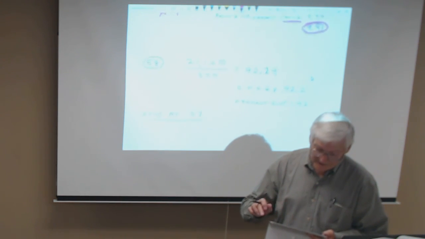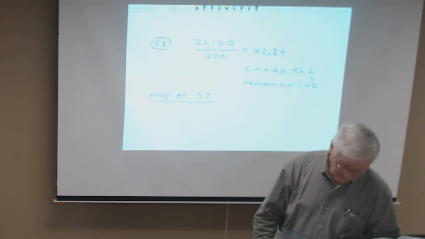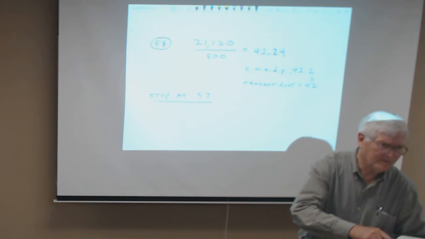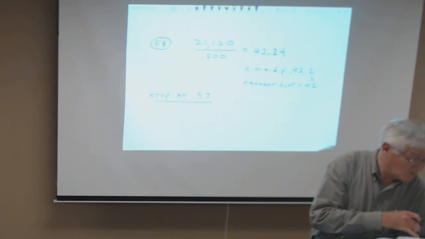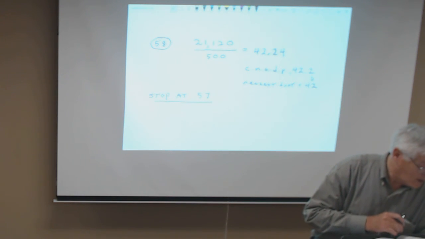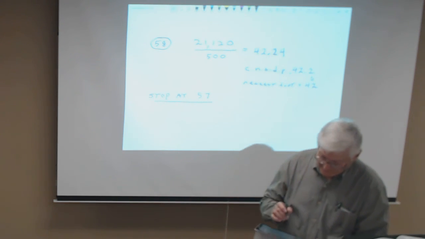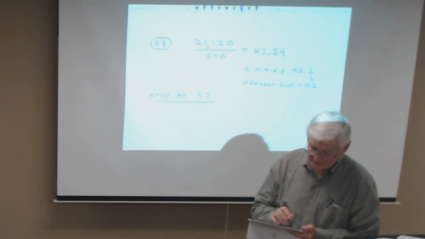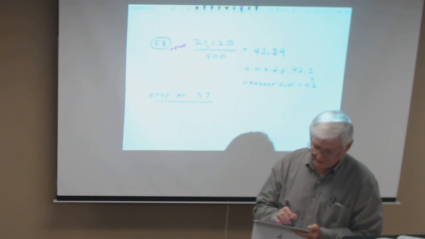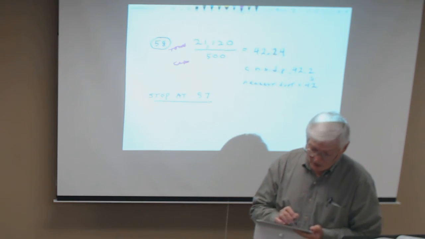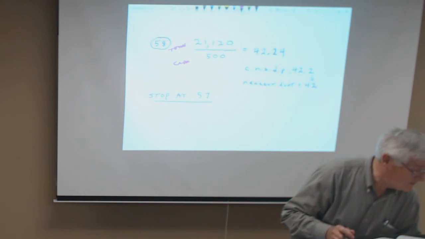Number 58. What's number 58 say? The longest and heaviest freight train on record was 21,120 feet long, and it had 500 cars. This is the total. And these are the number of cars. What do they want to know?